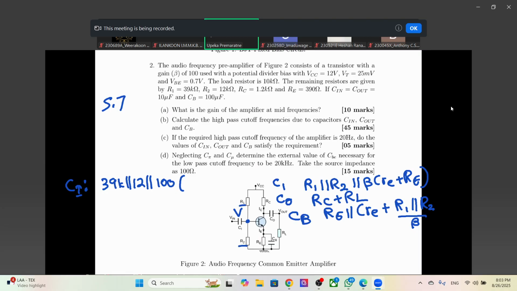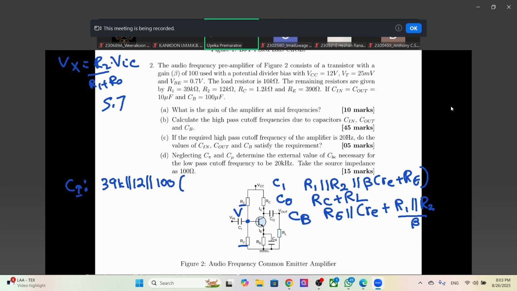So we calculate Vx as R2 divided by R1 plus R2 times VCC.